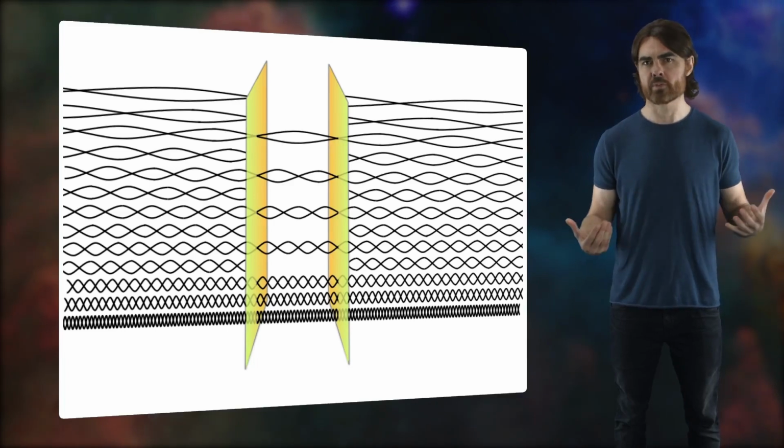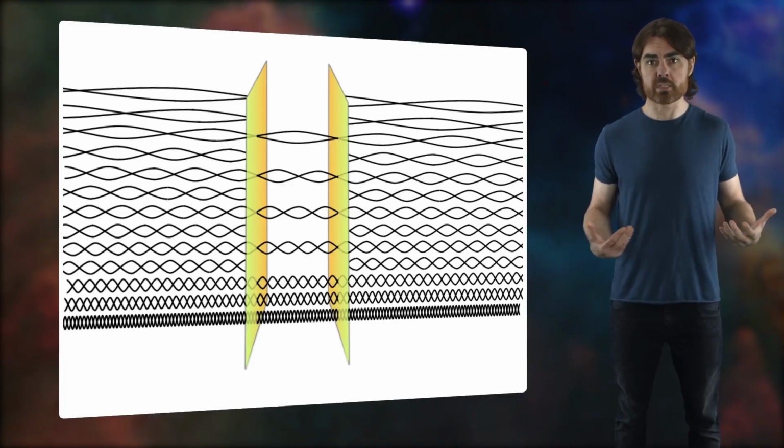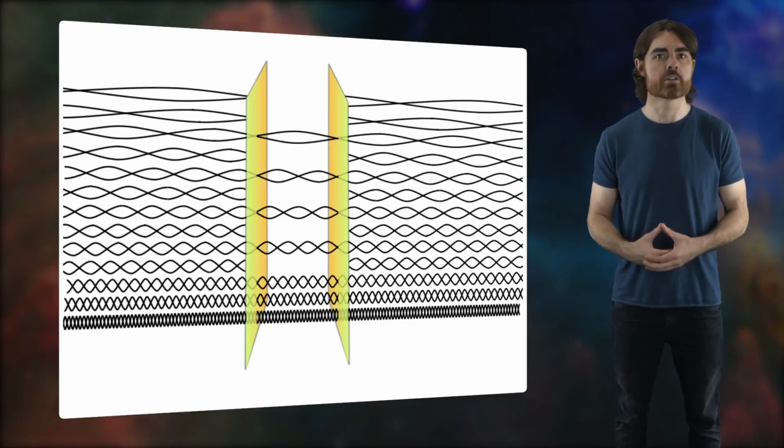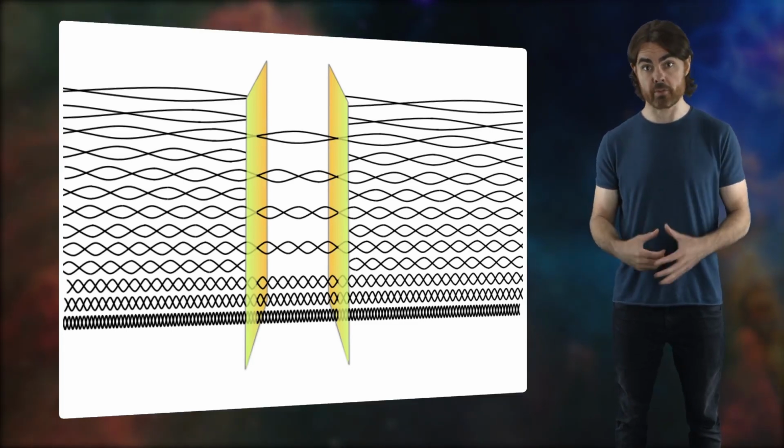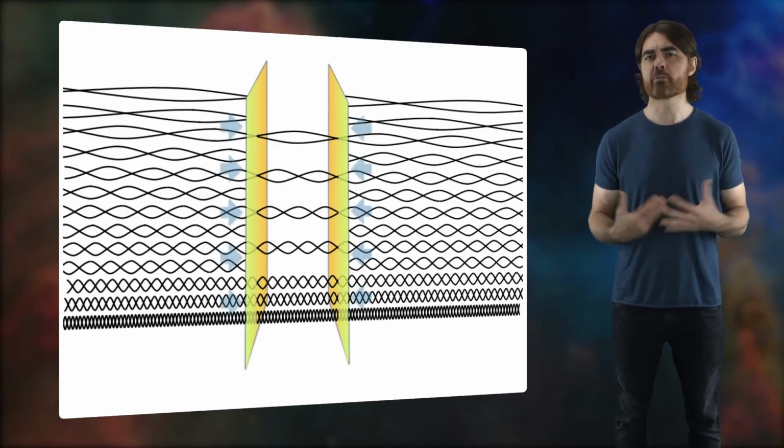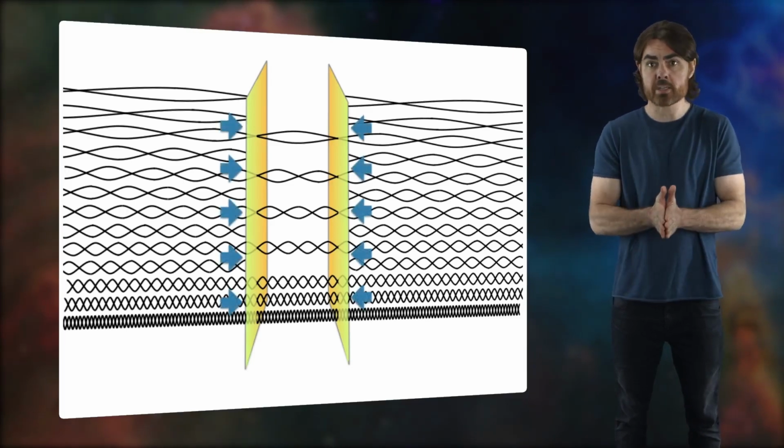However, on the outer surface of the plates, all frequencies of virtual photon are allowed. The higher vacuum energy outside compared to the inside of the plates should result in a pressure differential that pushes the plates together.